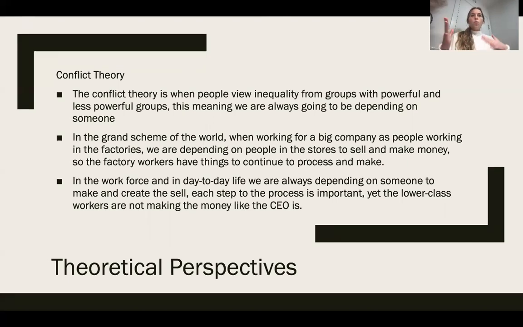So when looking at a job setting, you have your factory, like say a big company like Coke, for instance. Coke has their big factories, their corporate offices, their workers that work trying to get the shipments out, and it all works in a chain of effect or a chain of demand. When looking at the factory workers, they need to work because of the sellers needing to sell the products, and the sellers are relying on being able to get the product from the factories.